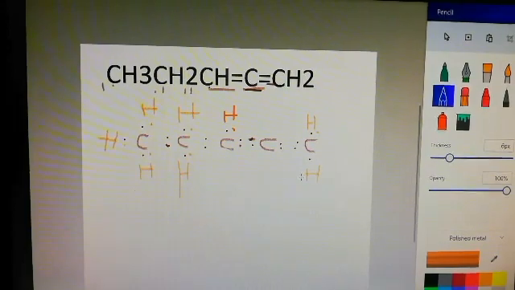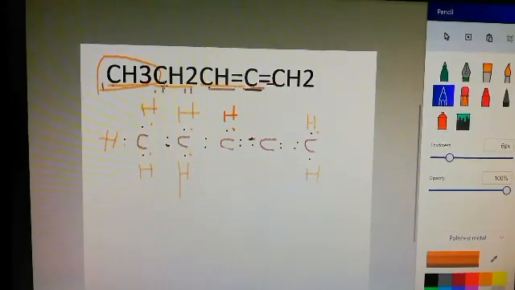So, paano ko naman ngayon sasabihin kung sp siya? Okay, the first, isa lang naman siya, single bond lang siya, so that's sp. This is also sp, and this is a double bond carbon, so that makes it sp2.